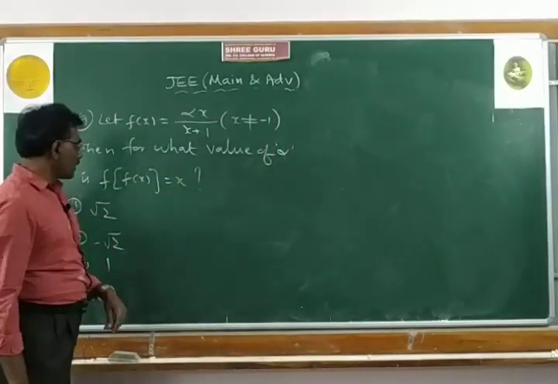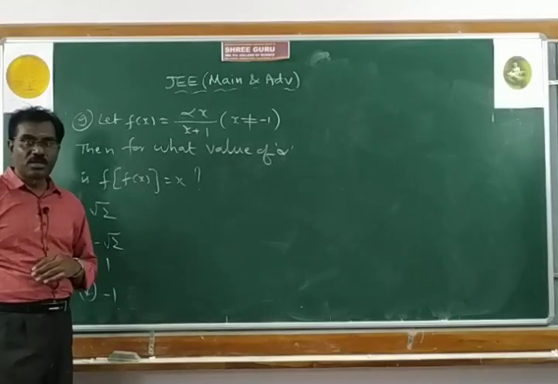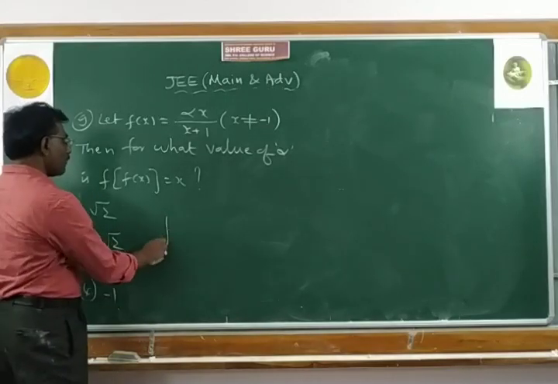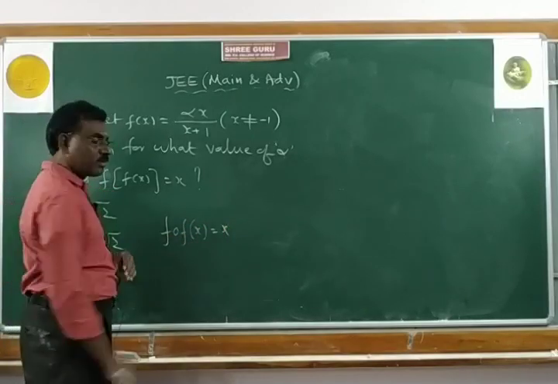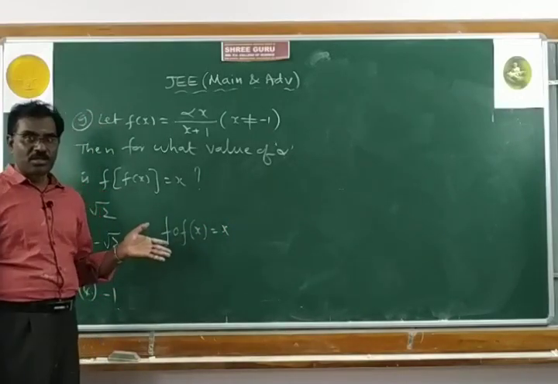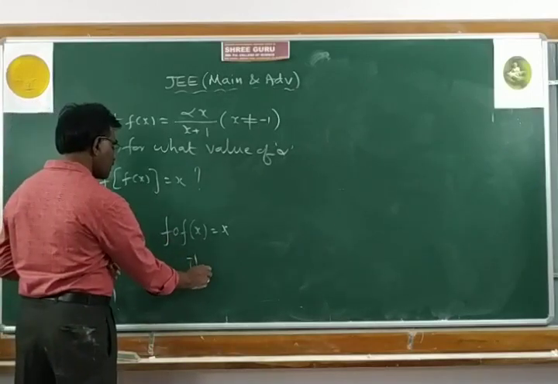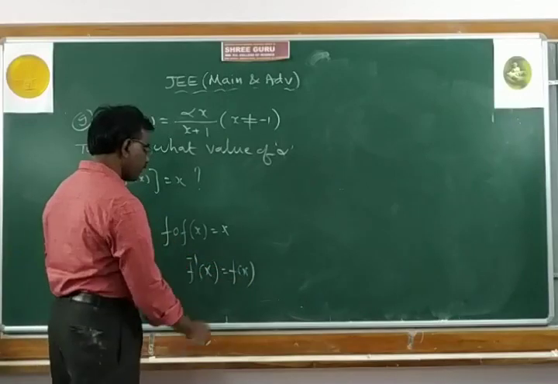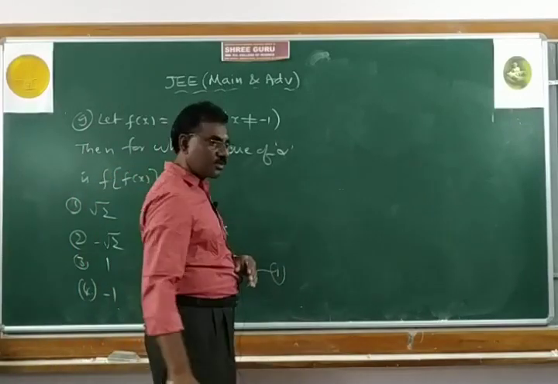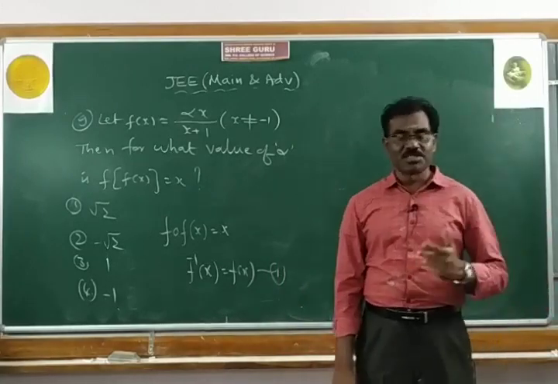So very simple, f of f of x is x. f of f inverse of x, f of f of x is equal to x. What is the name of the function? Identity function. In this condition, f inverse of x equals what? f of x. f inverse of x equals f of x, since f composition f of x is x.